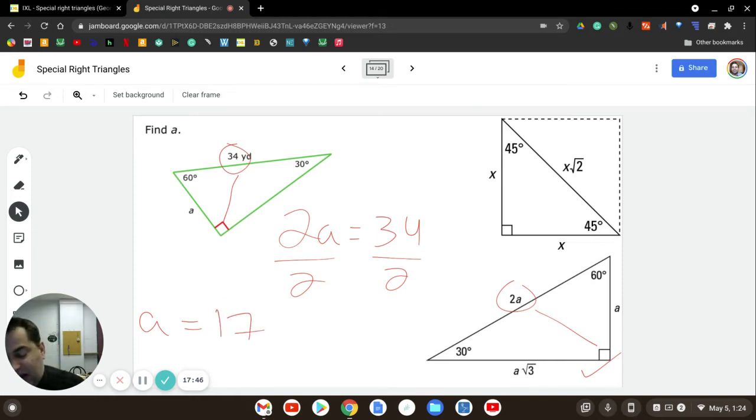I look back to see what I have. It says a is opposite 30. 30 is opposite a. A little confusing because they're both a's, but regardless, a equals a. So I know that a is going to be 17.